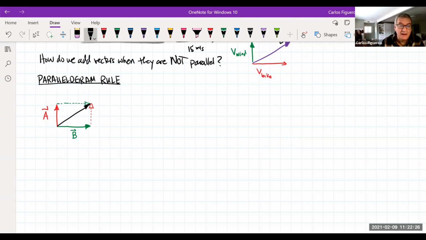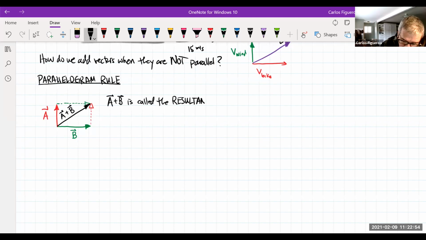And the parallelogram rule says that if you add A and B, then A plus B is exactly this here. So essentially, you're setting it up so that you connect the tails to the tips, and A plus B is called the resultant.